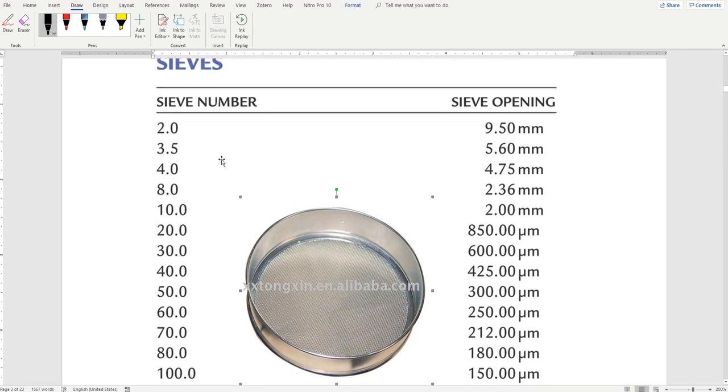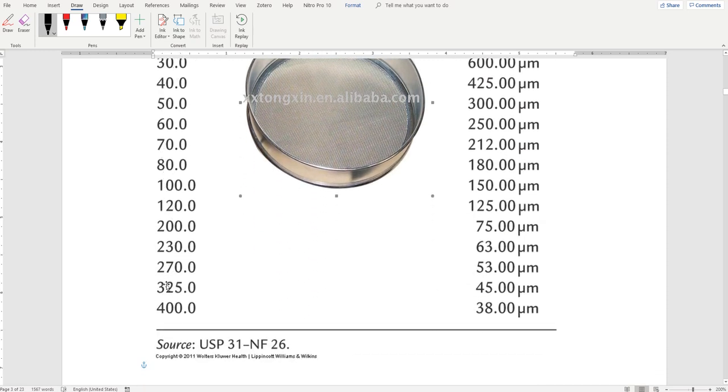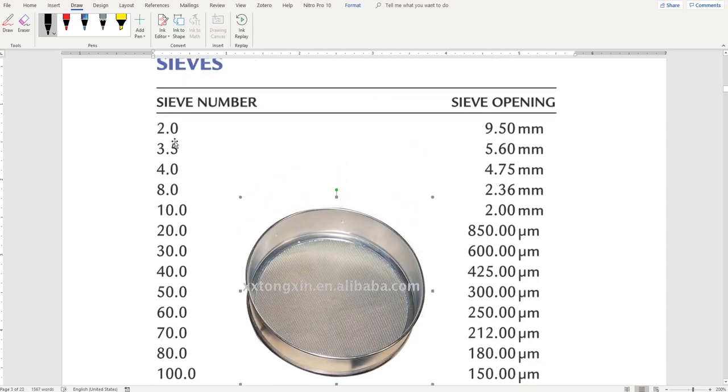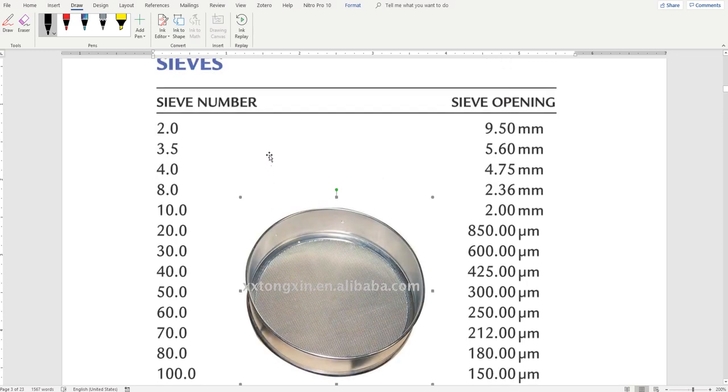You will notice that the larger the number, the smaller the opening size of the mesh. So we will have sieves with different openings, to use them to classify powders.